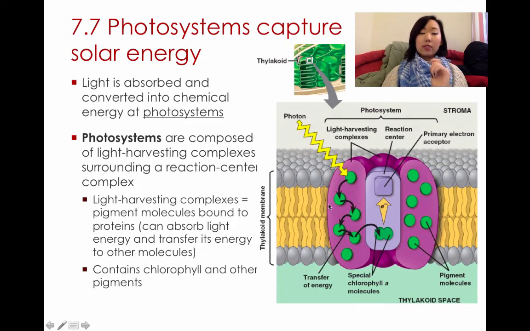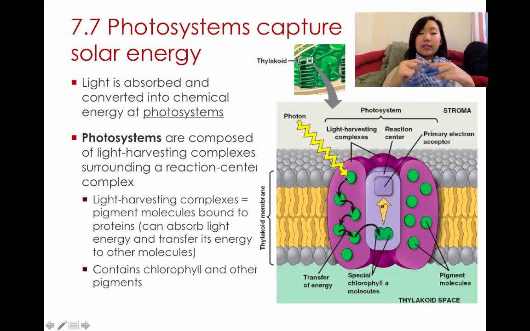These are what actually absorb light, and they transfer that light energy throughout the different pigments, and eventually bring that light energy into the reaction center where it's converted into chemical energy.